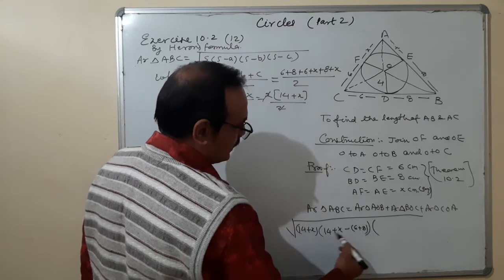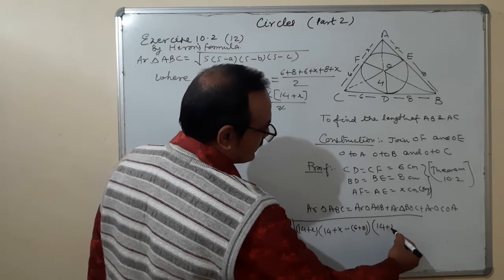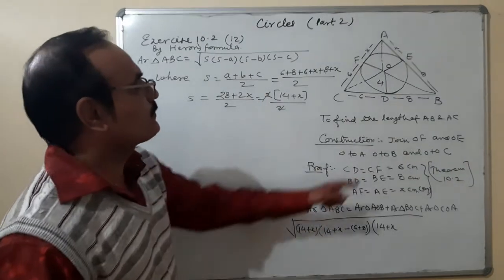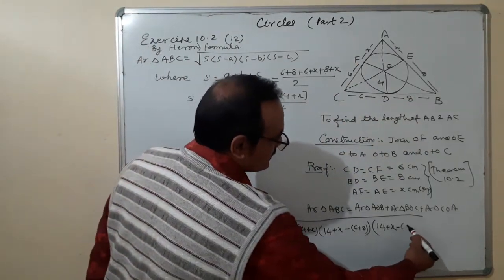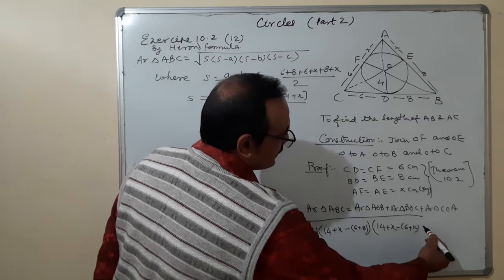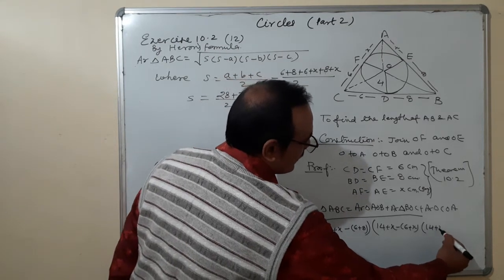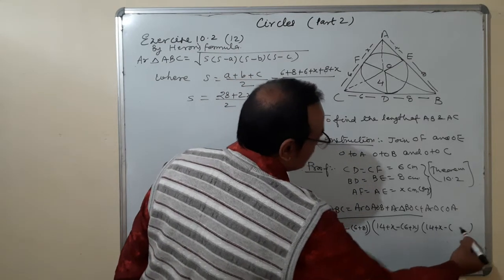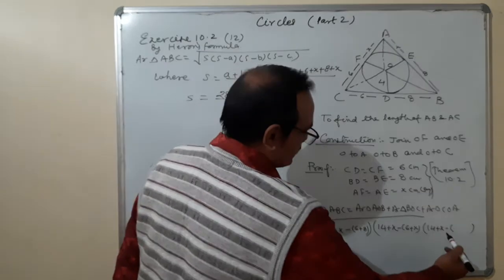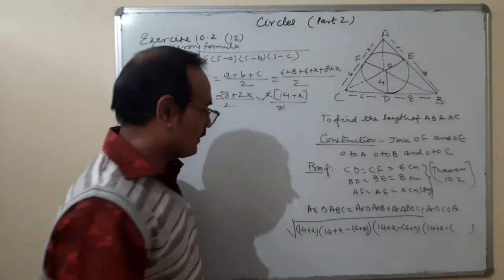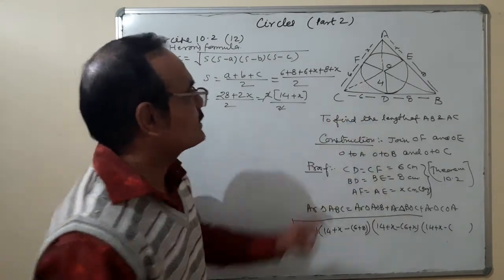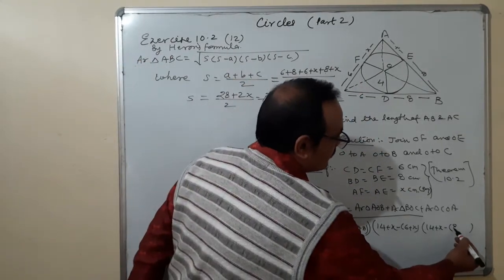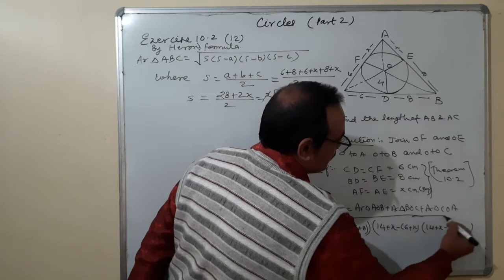Second, s minus b is 14 plus x minus b, minus 6 plus x. And third is 14 plus x minus c, that means it is s minus a, s minus b and s minus c, 8 plus x. Okay.